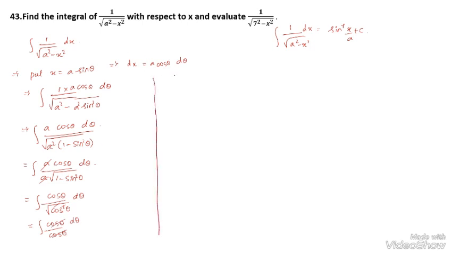I can take integration of 1 divided by root of a square minus x square is equals to integration of 1 into d theta. What is the integration of 1 with respect to theta? It becomes theta.